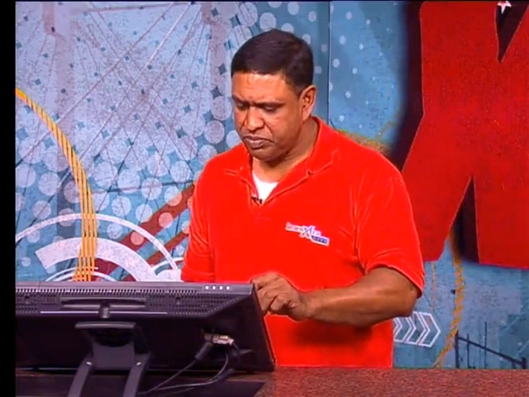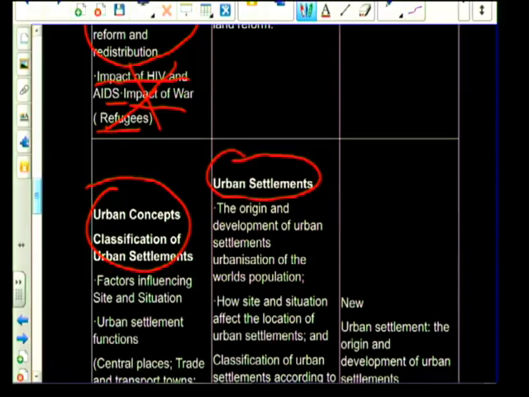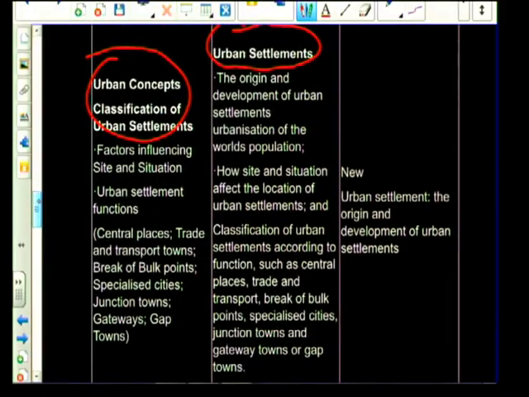Now, the next section, which deals with urban areas, here we give you different categories of urban concepts. Here it's all found under urban settlements. Okay? If you look at it here, development of urban settlements, the only thing that has come through very heavily here is the origin.